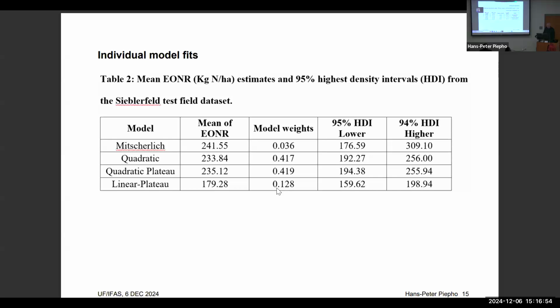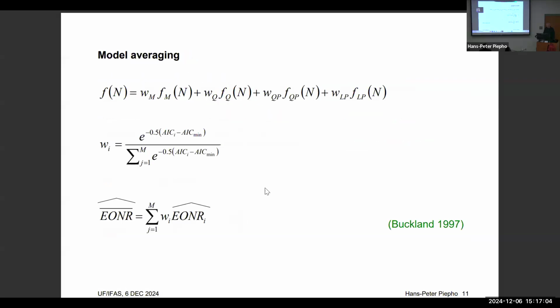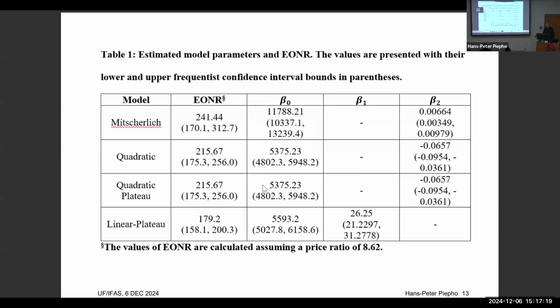And here are also the model weights based on that Bayesian framework when you put them jointly into a single model. I'll come to that single model. That single model is really using this equation up here and basically regards that as one model. But it is really the weighted average of the components. But it's then fitted as like a single model, essentially.